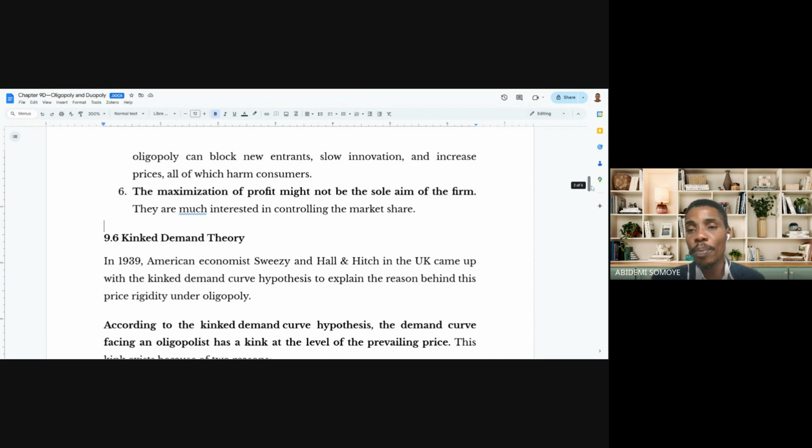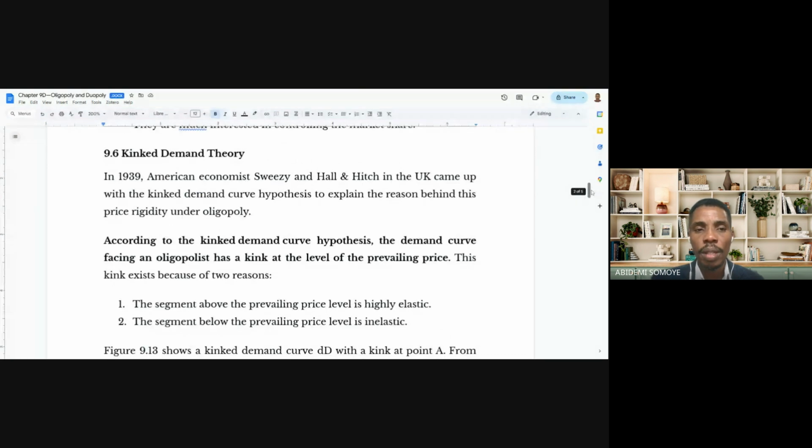Now, let's talk about the kinked demand theory, or kinked demand curve, or why prices are rigid in oligopoly. In 1939, American economist Sweezy, and Hall and Hitch in the UK, came up with the kinked demand curve hypothesis to explain the reason behind this price rigidity under oligopoly.